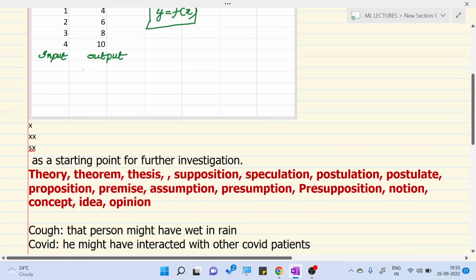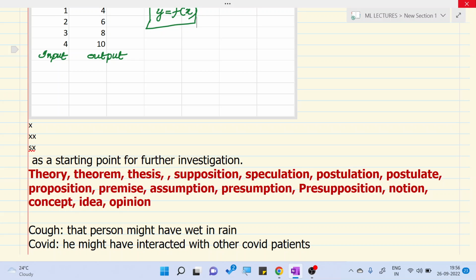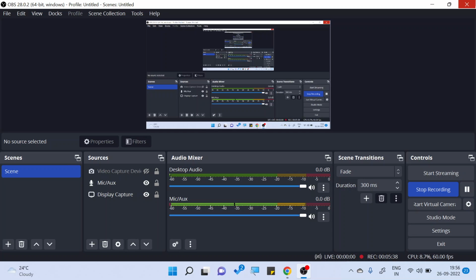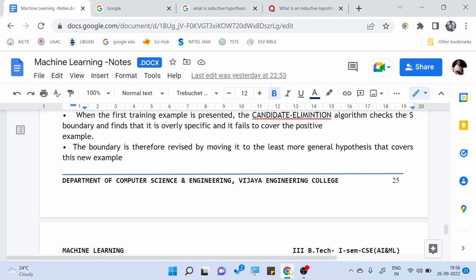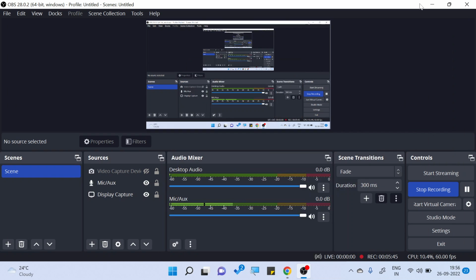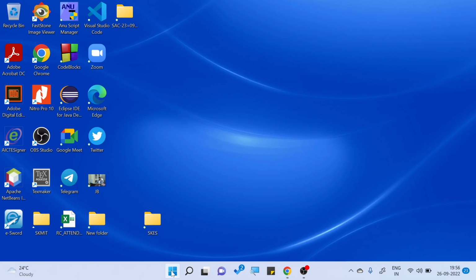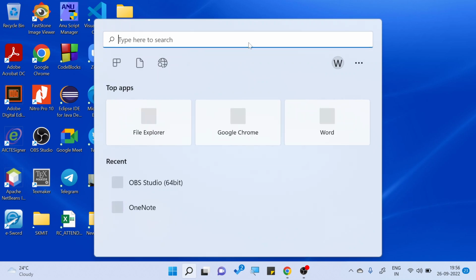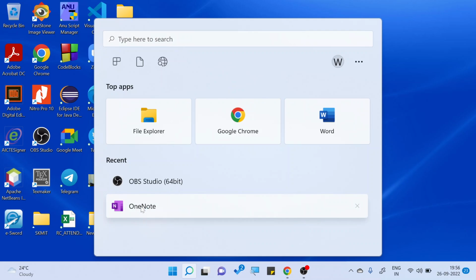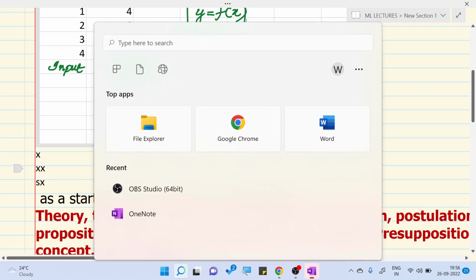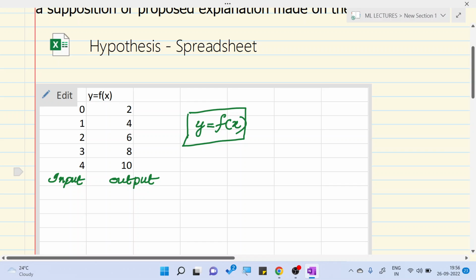So for example, by seeing the first example, I may propose y is equal to x plus 2.